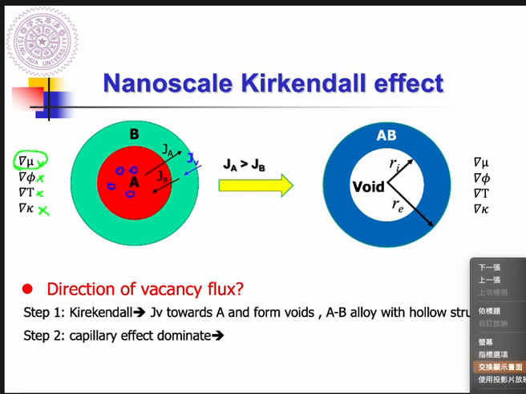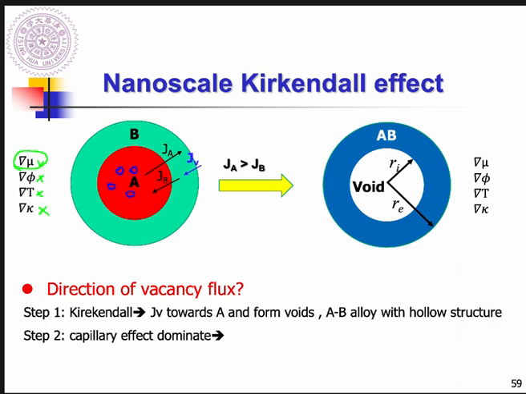Then we don't have a chemical potential gradient anymore because we have the AB alloy, and we did not apply a battery, and the temperature for the inner or outer surface will be the same, so we don't have a temperature gradient.